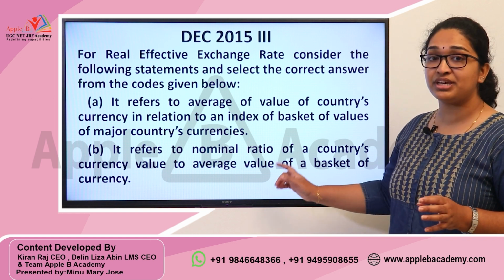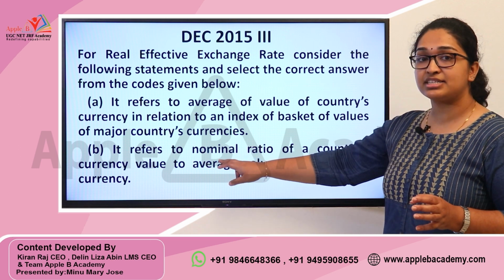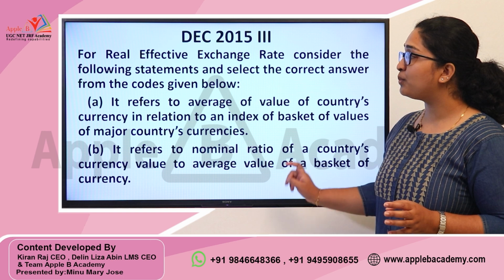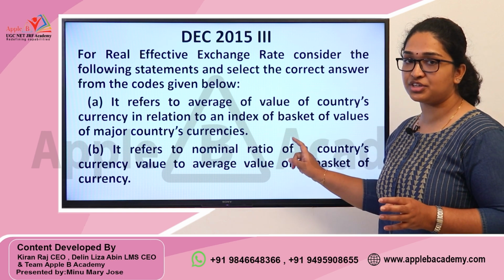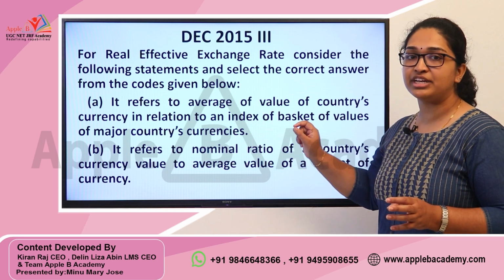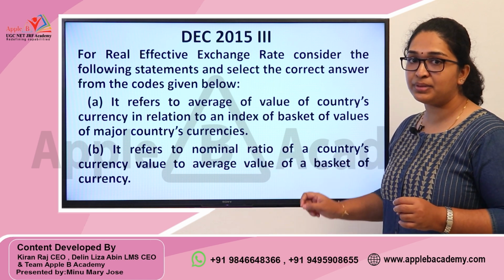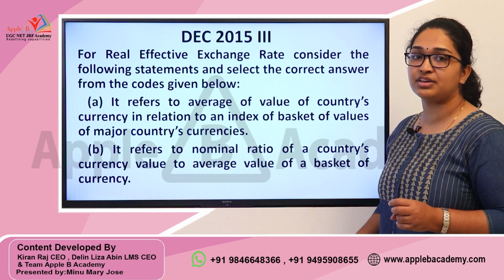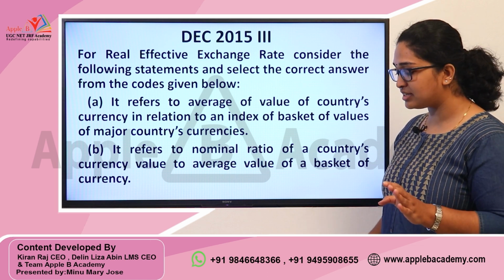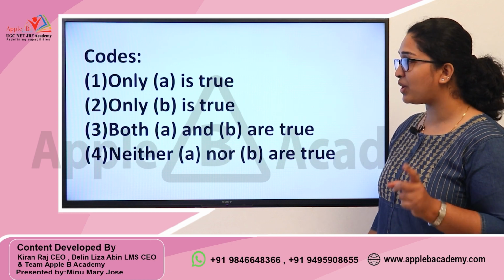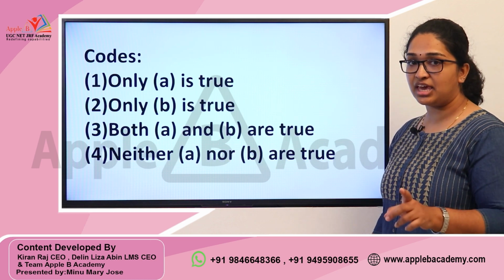We know that statement B is wrong because it is given as the nominal ratio of a country's currency value, and we are dealing with a real effective exchange rate here, which is always adjusted for inflation. So statement B is always wrong because it is given as nominal ratio. So the answer is option 1, that is only A. Statement A is true.